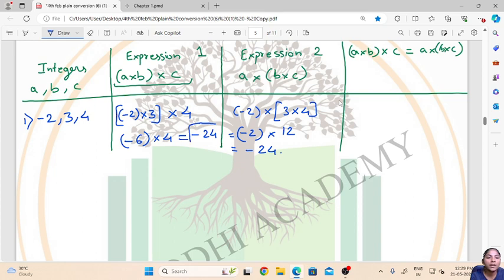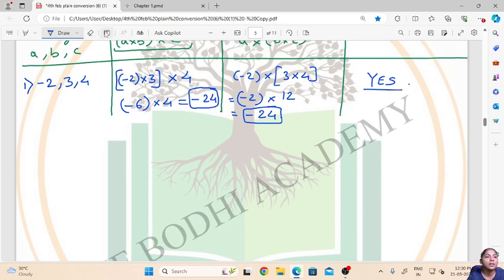So here we are getting the same answer. So is (a × b) × c equal to a × (b × c)? Yes, this expression is equal to the other expression.